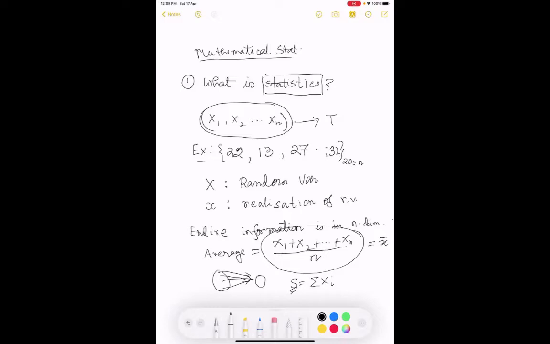So that means S and x bar, these are all what we call statistic.